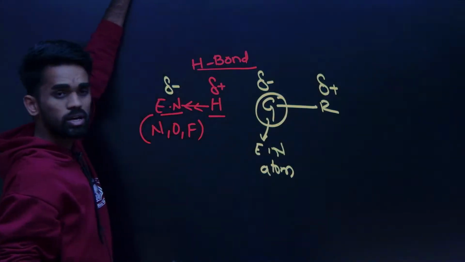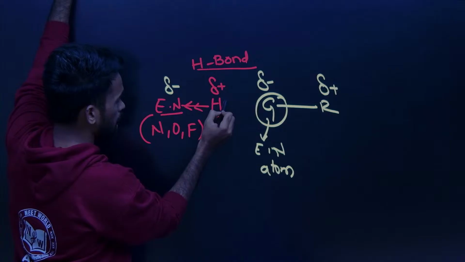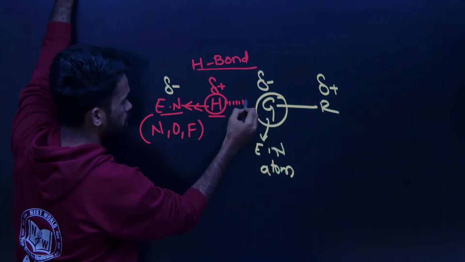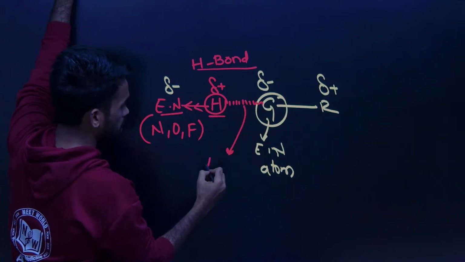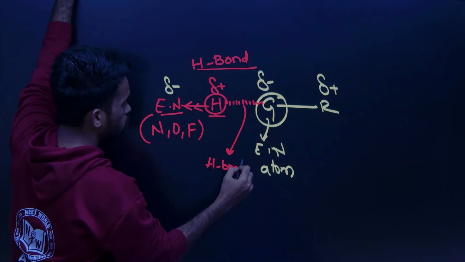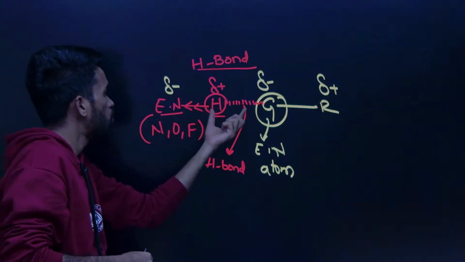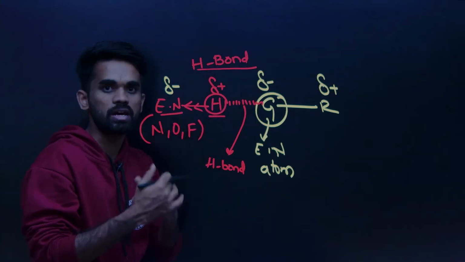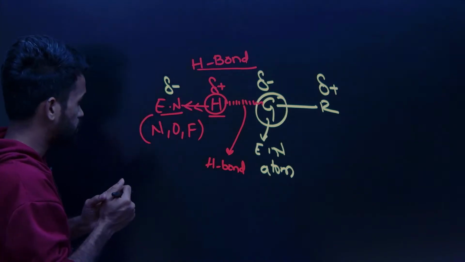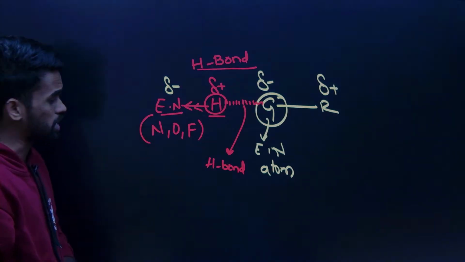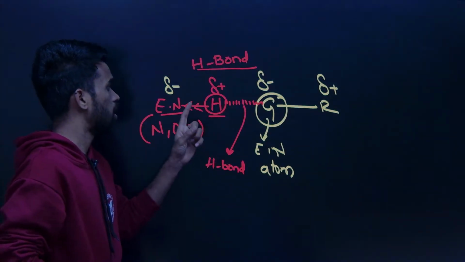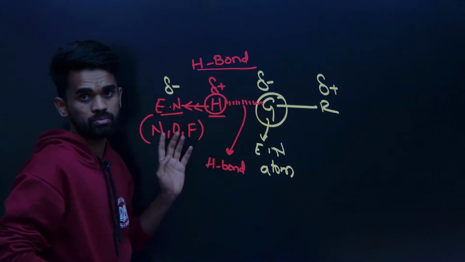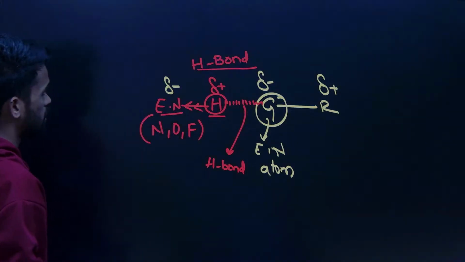So there will be electrostatic interactions between the hydrogen atom and this group G. This is what we call a hydrogen bond. Due to these hydrogen bonds, the molecules will come closer, and that will have partial bond character. So it is a purely electrostatic force of attraction between a hydrogen atom attached to an electronegative atom and another electronegative atom, that's it.